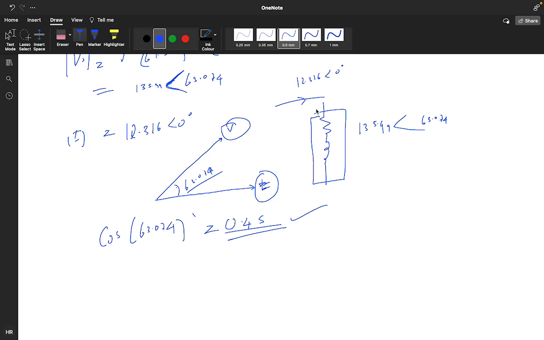What was the current? 12.316. So square 12.316 and multiply with R. You will get the useful power. Just calculate this.